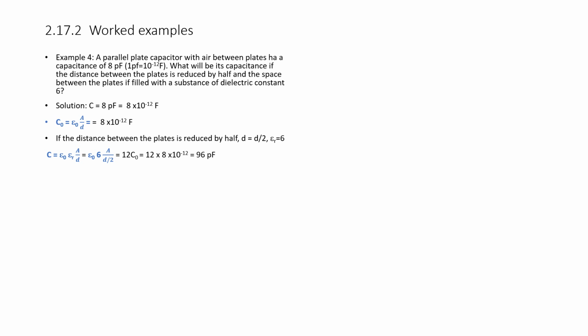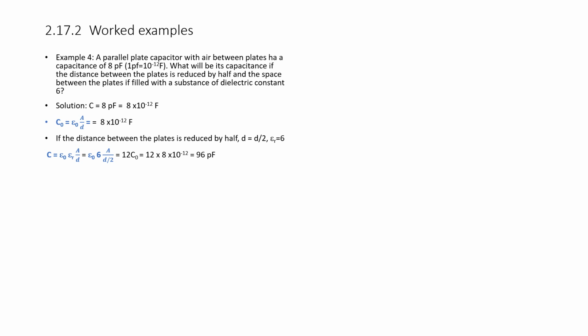Now he is reducing this distance in the above formula from D to D by 2, and he is putting in a dielectric material with relative permittivity epsilon r equals 6. That is given.